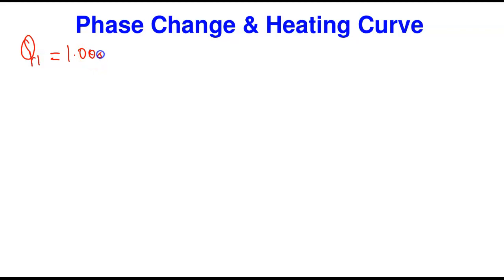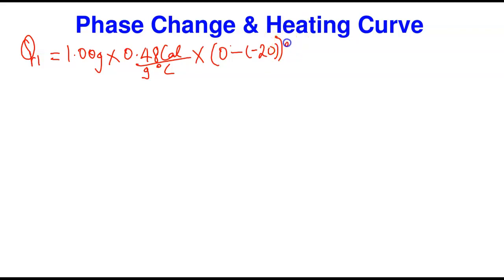We started with 1 gram for all of them, and you multiply that times the specific capacity of ice, which I showed you already, is 0.48 calories per gram per degree Celsius, times the change in temperature here, which is 0 degrees minus negative 20. When you do this bracket, everything at 0 degrees Celsius, if you cancel out the units, your answer is going to give you 9.6 calories. That's what you get in the first one.